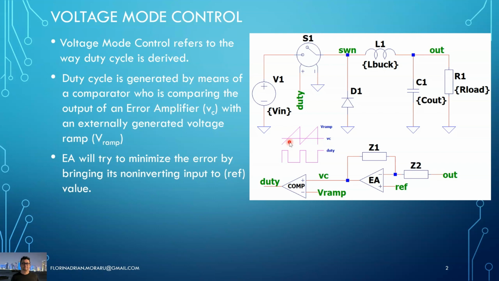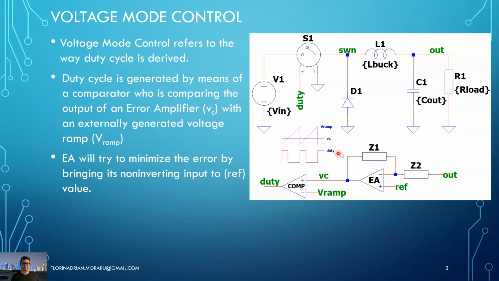As long as the ramp becomes greater than the control voltage, the output of the comparator switches to 0, and then the MOSFET is turned off or the switch is open. So simply by varying this control voltage, we are actually controlling the duty cycle of the control signal for the MOSFET.